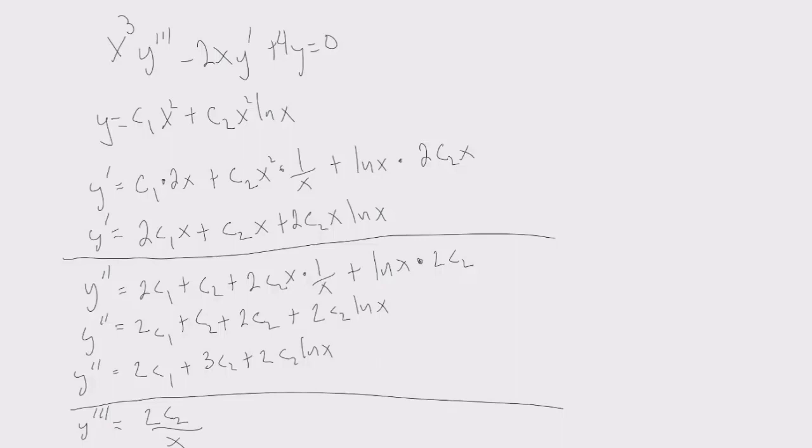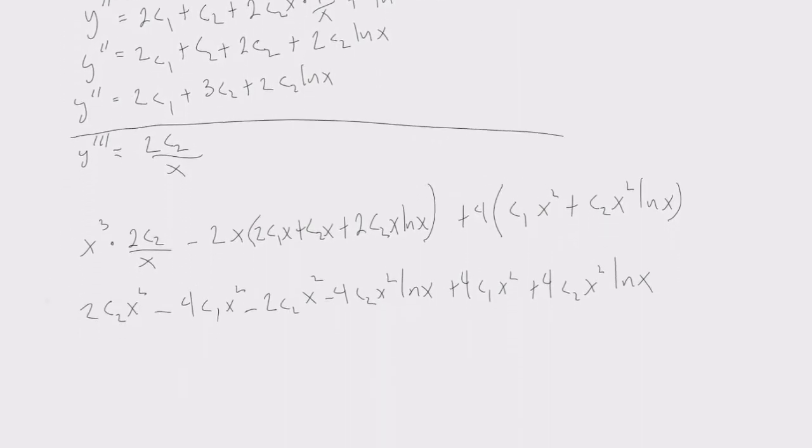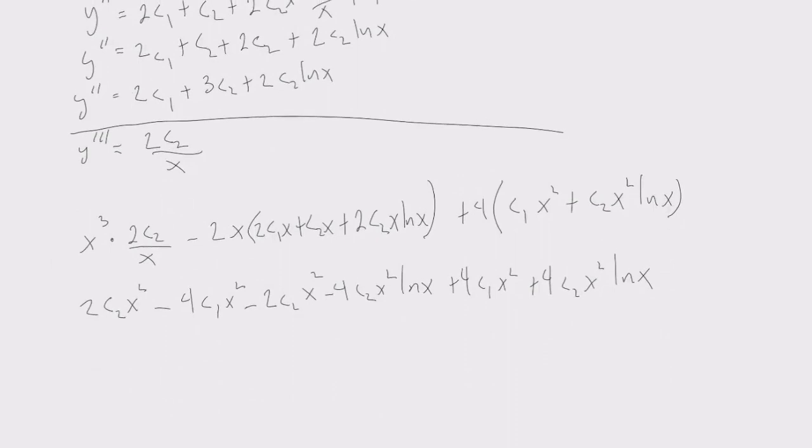There it is. You can look over the derivatives. Feel free to pause this if you want to convince yourself that those are the correct terms. Additionally, if we evaluate it in the initial function, we do in fact get all the terms to cancel out. I'll scroll up and show that everything cancels out. So yay, it works.